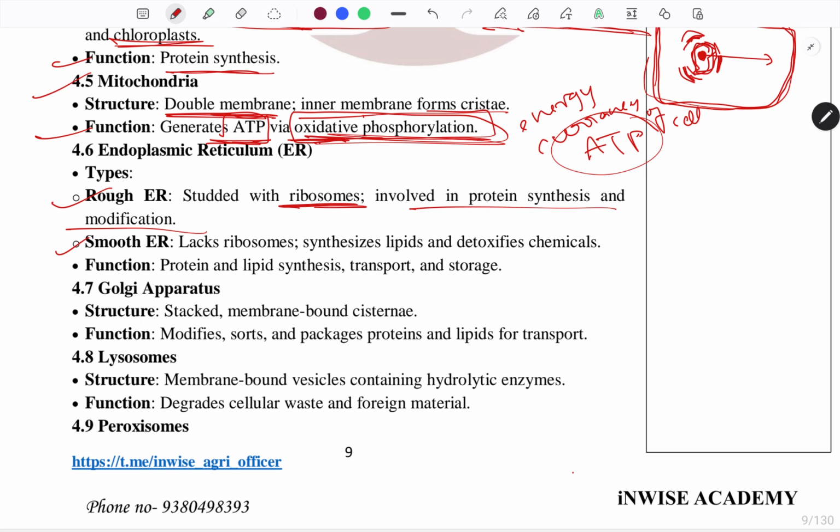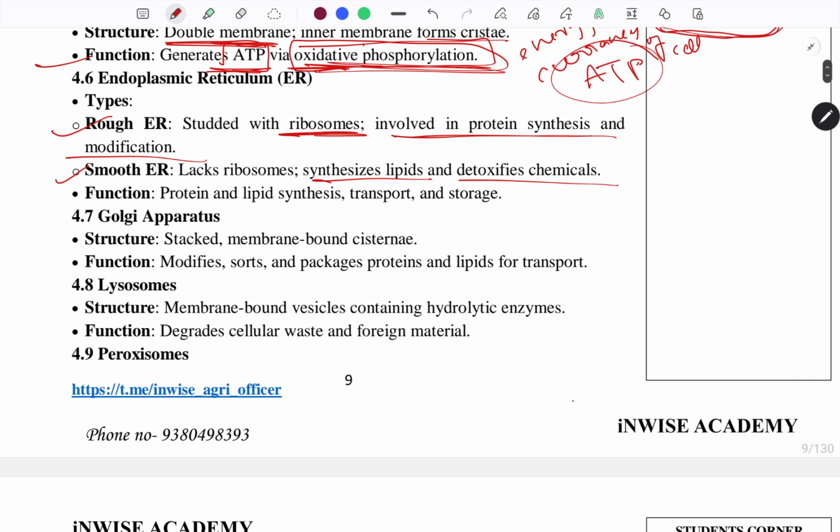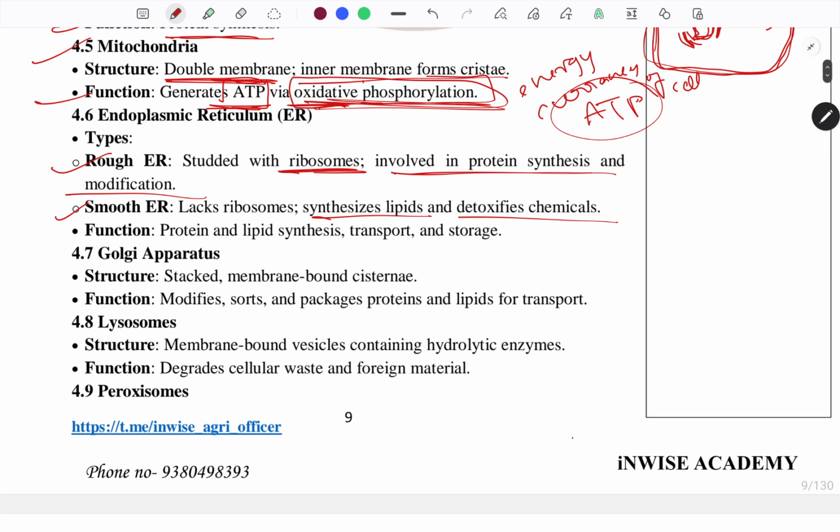Coming to the smooth endoplasmic reticulum, where ribosomes are not present on that structure, it is called a smooth endoplasmic reticulum. It is involved in synthesis of lipids and detoxification of chemicals.